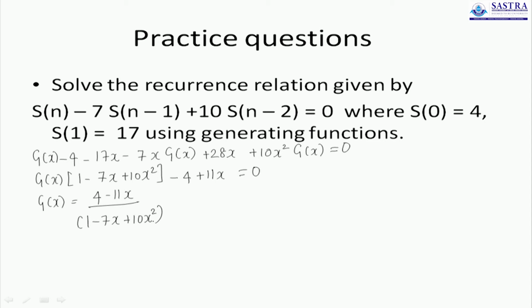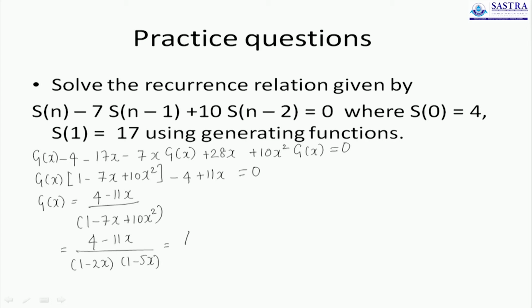To solve the remaining part, we will have to resolve the denominator into two first order linear factors, and that is pretty easy because you will have 4 minus 11x upon 1 minus 2x and 1 minus 5x. That is how you can factorize the quadratic expression here.